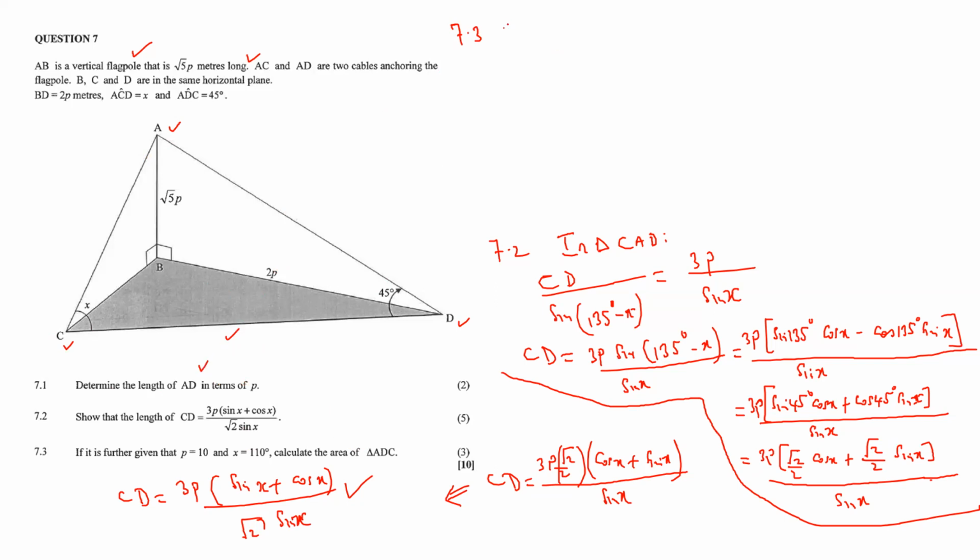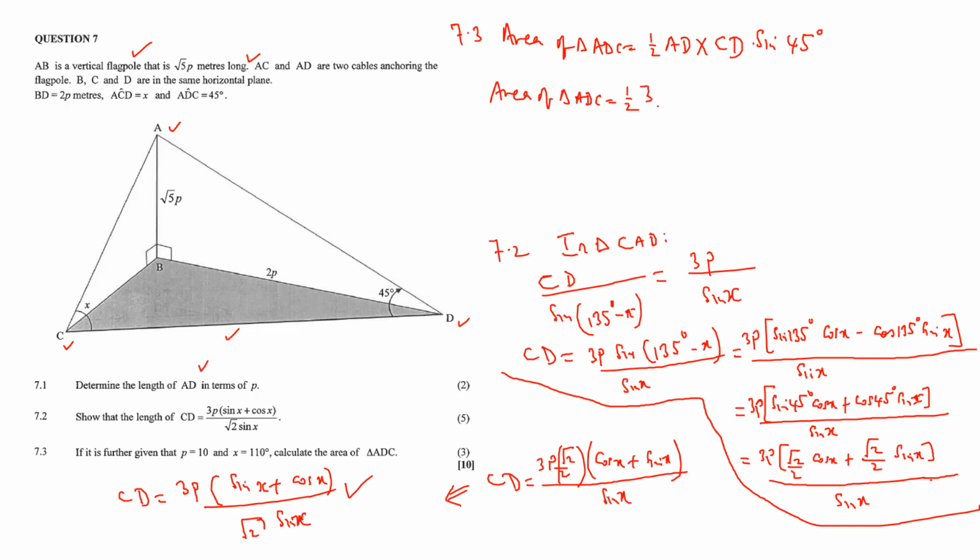Which means therefore you can say the area of triangle ADC is half AD times CD into the sine of the included angle, 45 degrees. So the area of triangle ADC is 1/2 AD.